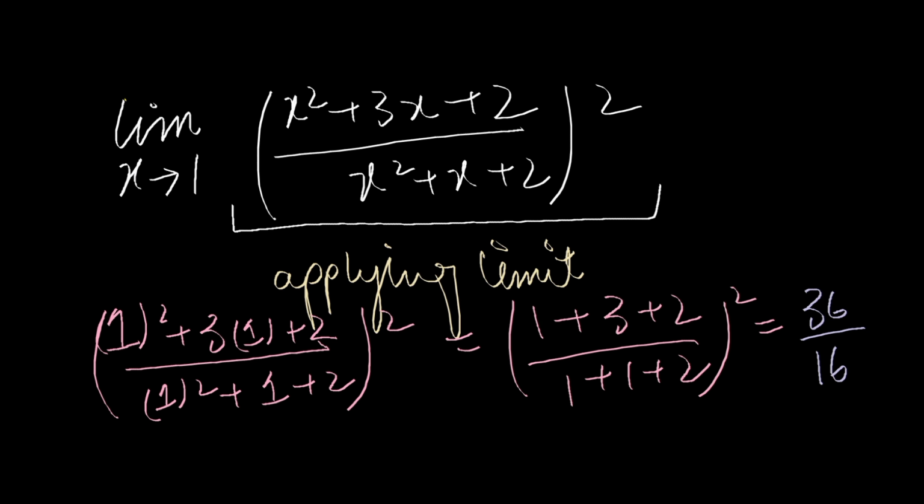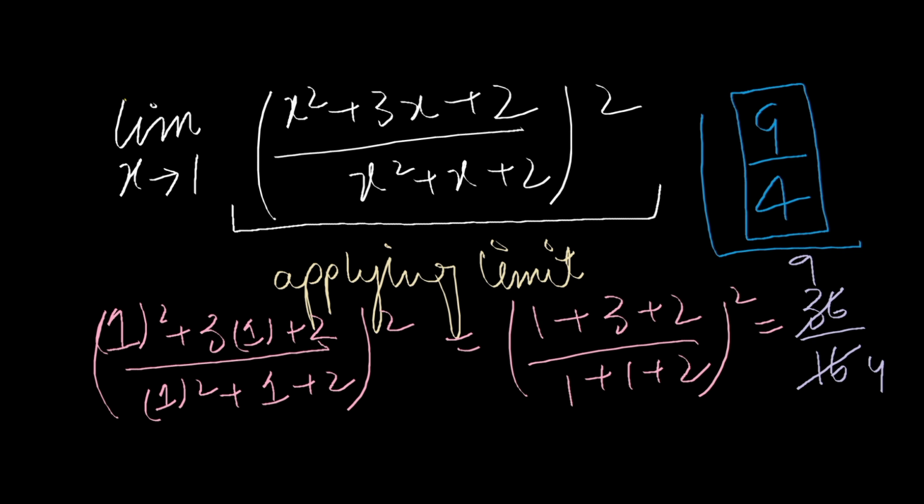We can divide both by 4. 4 nines are 36 and 4 fours are 16. So the final answer is 9 over 4. So when x approaches 1, the whole function approaches 9 over 4.